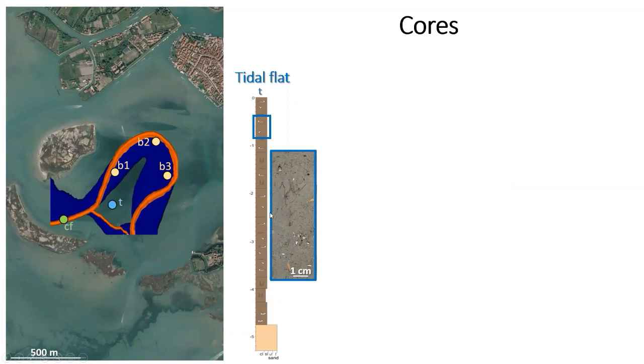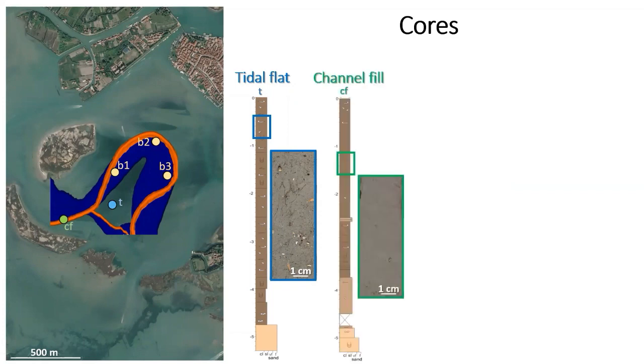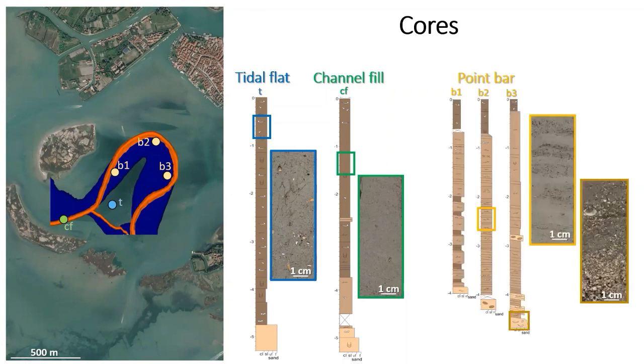You can see that tidal flat deposits are mainly made of structureless mud with mollusk shells. Channel fill deposits cover a basal silty lag and grade upward to structureless mud, while point bar deposits are mainly made of silt-rich mud with some laminated beds of very fine sand, and they are always floored by a shell-rich sandy lag.